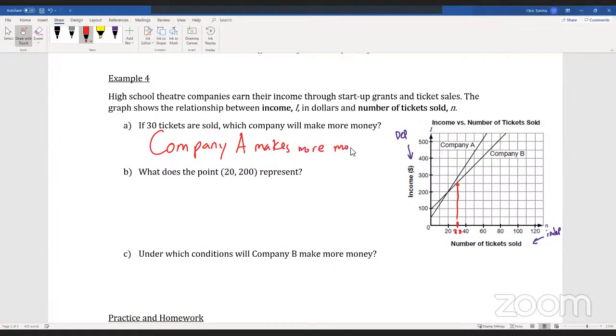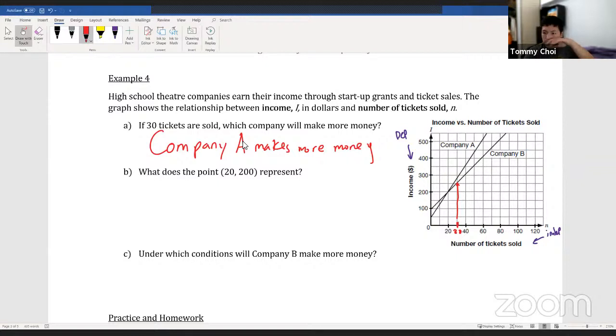Yes. Perfect. All right, next up. Elia, you're next on my list. What does the point (20, 200) represent? Not yet, Milana. We're going to give everyone else a chance as well.